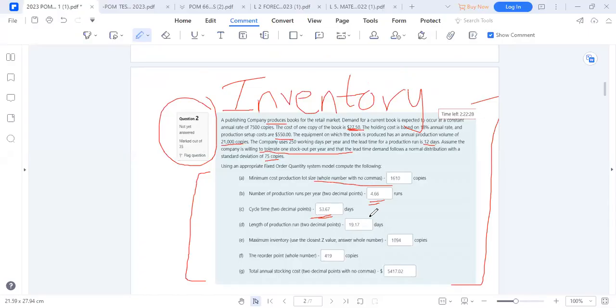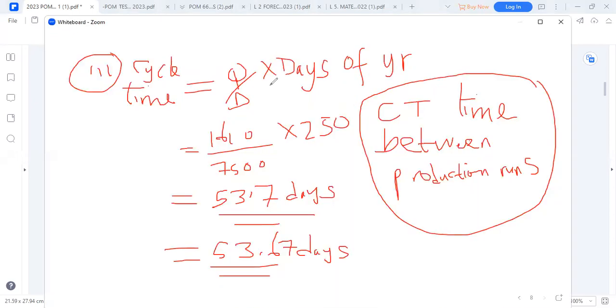So here we have gotten length of production run.